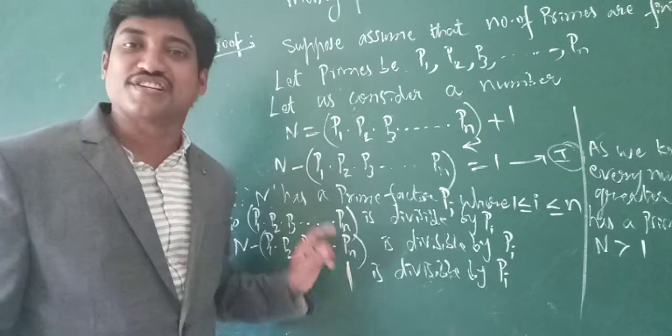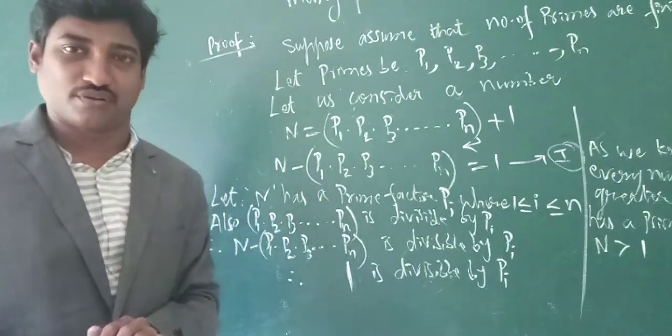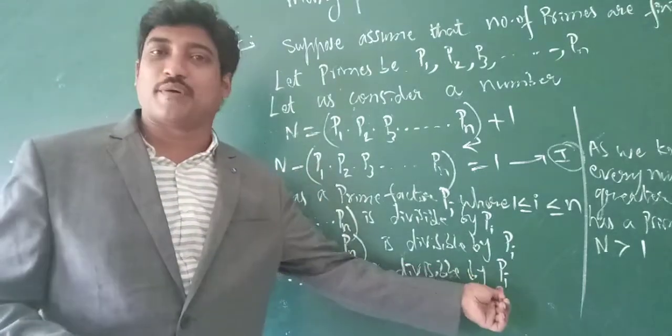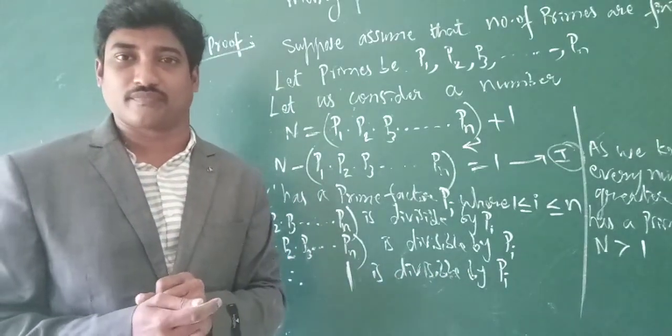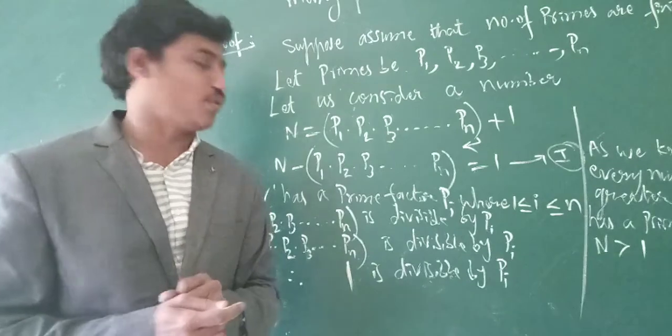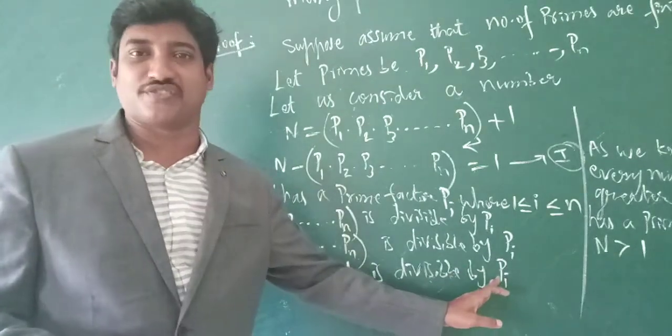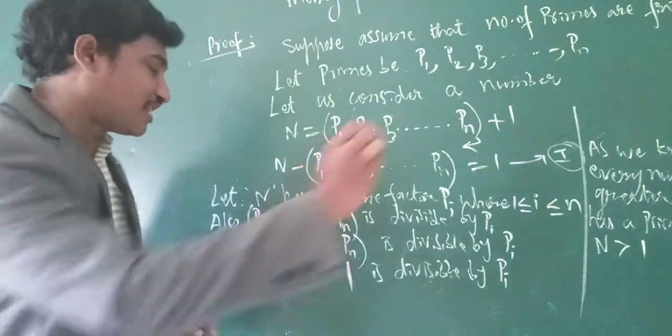We discussed 1 is neither prime nor composite, so a prime number cannot divide 1. So prime number Pi is not a factor of 1, which is a contradiction.